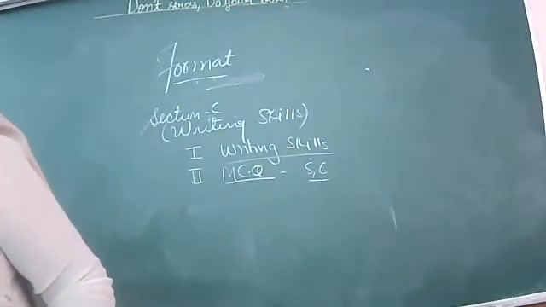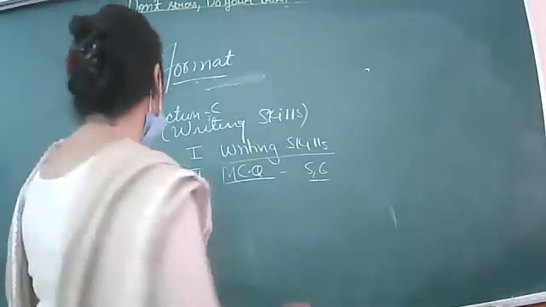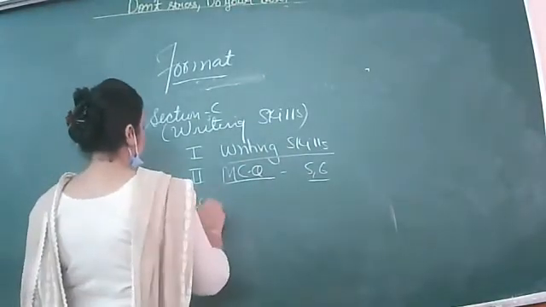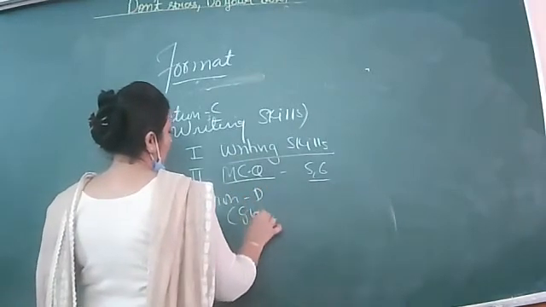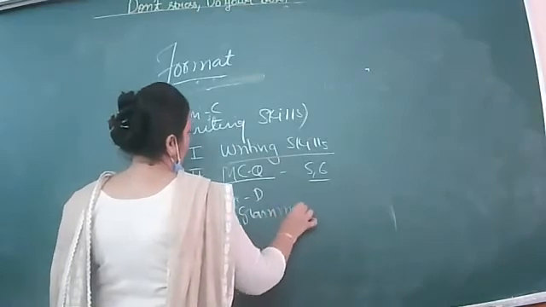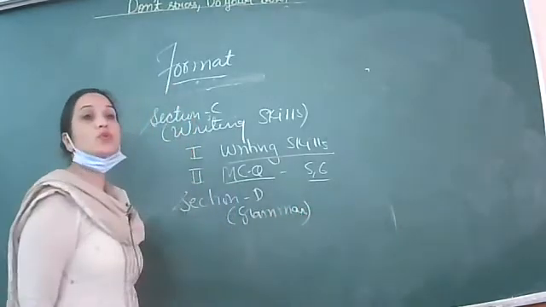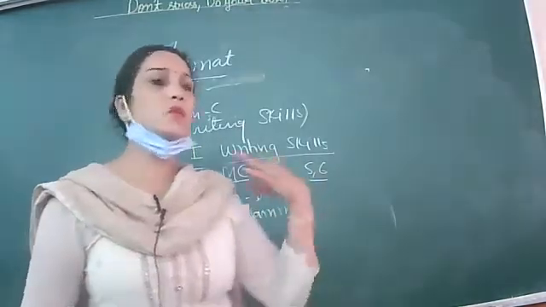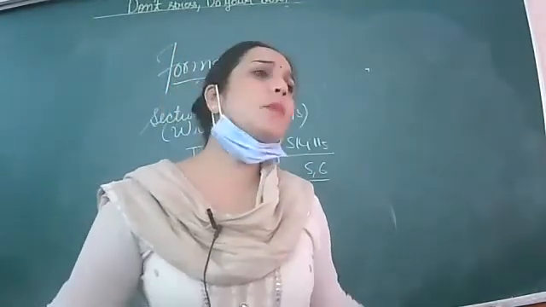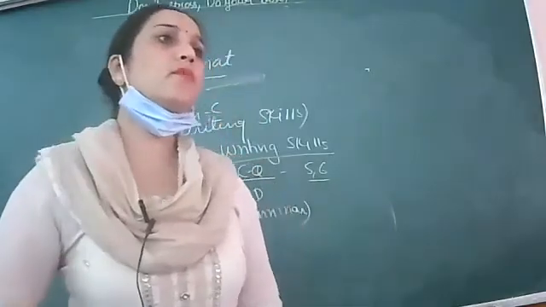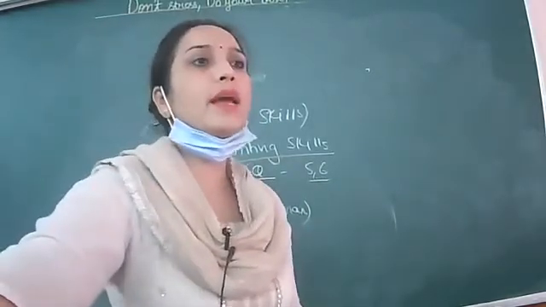Two writing skills. After that, we have Section D, which is grammar. Now, what are you supposed to do in grammar? There are so many topics, like active and passive voice, and narrations.